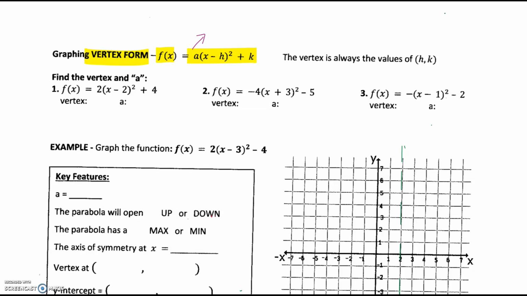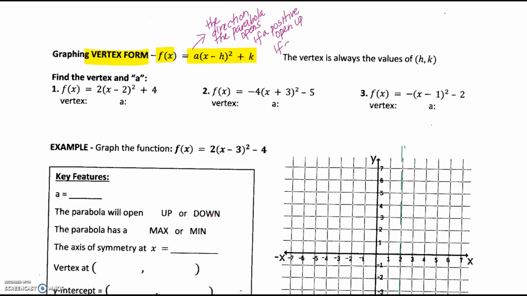Okay, what do I know from my a? My a tells me the direction the parabola opens. If a is positive, it's going to open up.